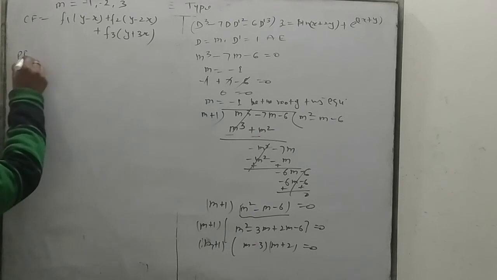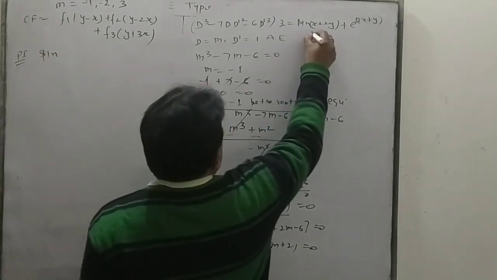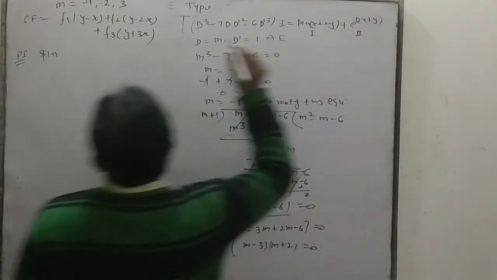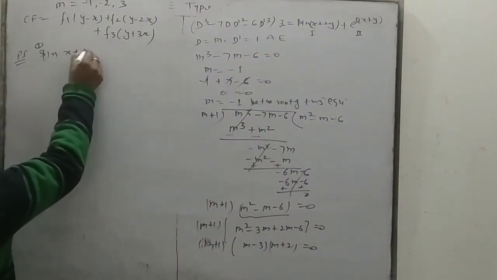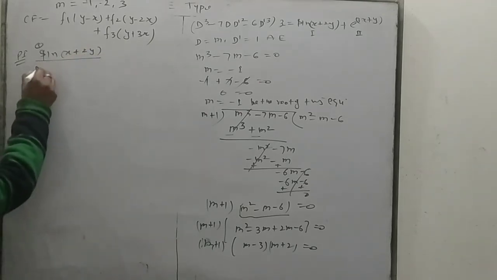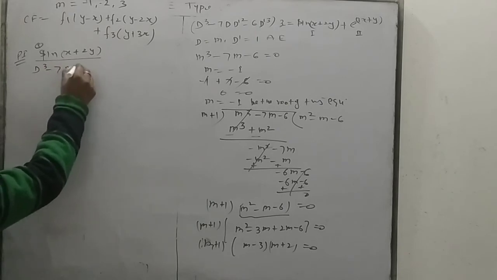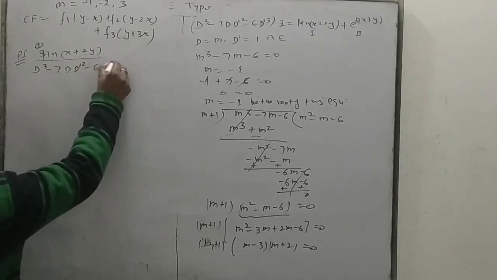PI, it means sine: we take the first value and then the second value. Only taking the first, sin(x plus 2y). It means 1 upon (D cube minus 7D D dash square minus 6D dash cube).